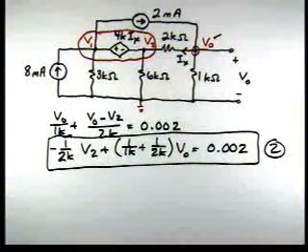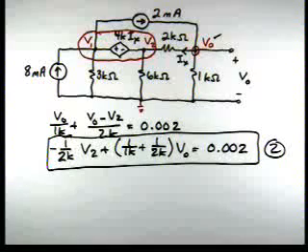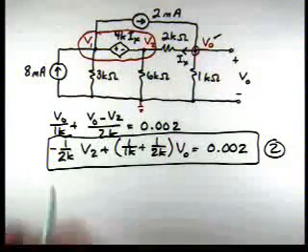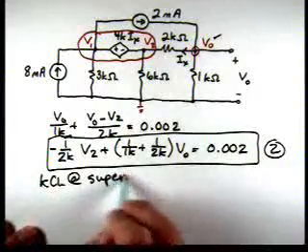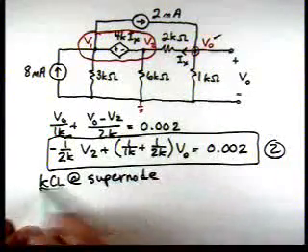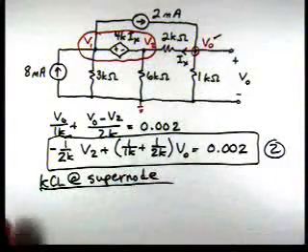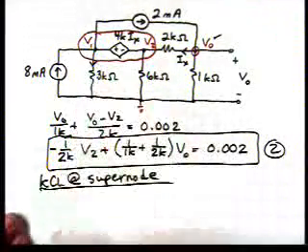And what we're going to do to get that third equation is apply KCL to the supernode. And again, I'm going to sum currents leaving through resistances and set that equal to the sum of currents entering from sources. So KCL at the supernode yields the following. We'll have a current leaving here.